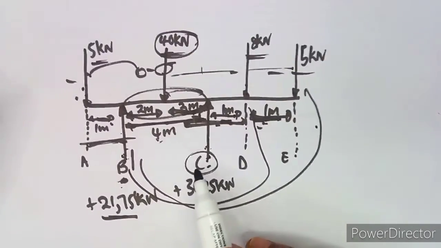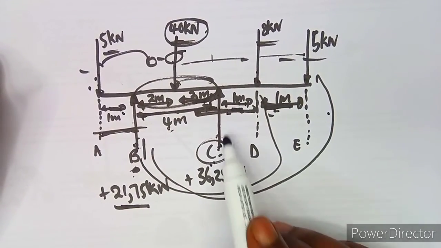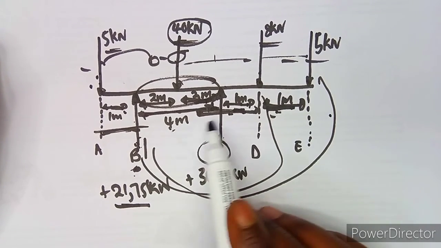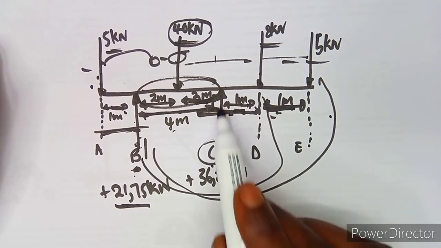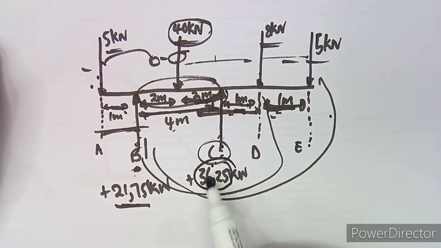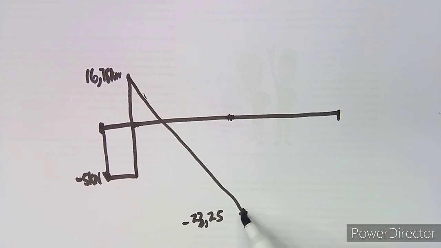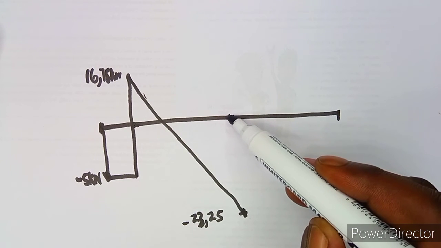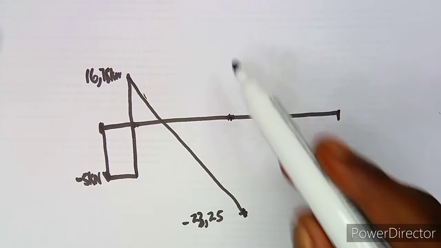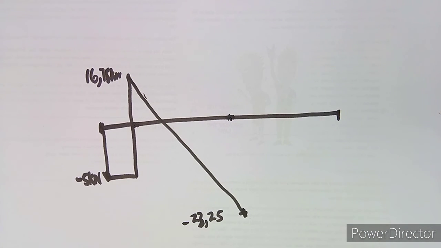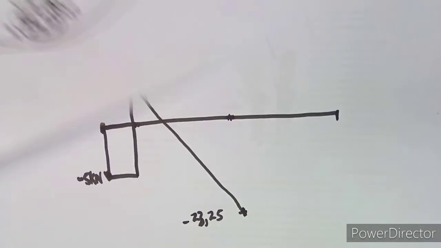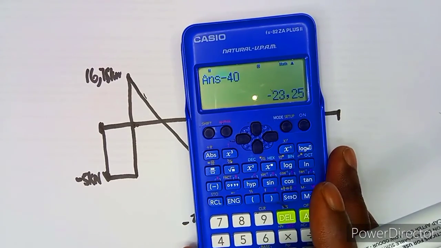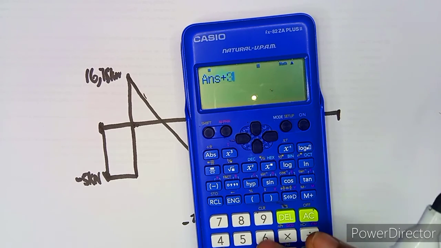So if you are to cross check, this is from the point C going up. There's no distance in between. It's just C going upwards at 36.25. So you're going to add 36.25 and go straight upwards, back on the same point, because it's going upwards.